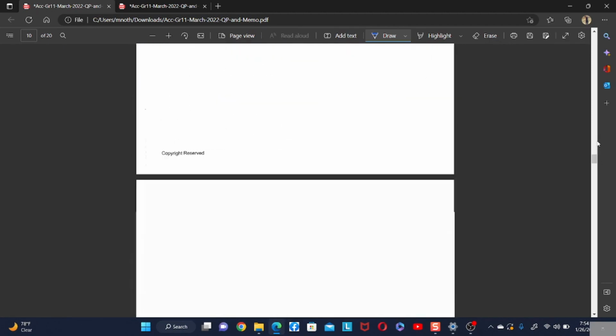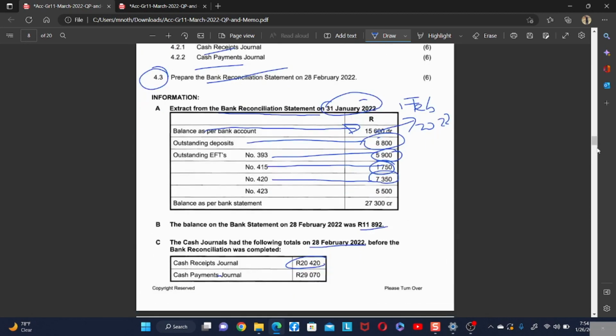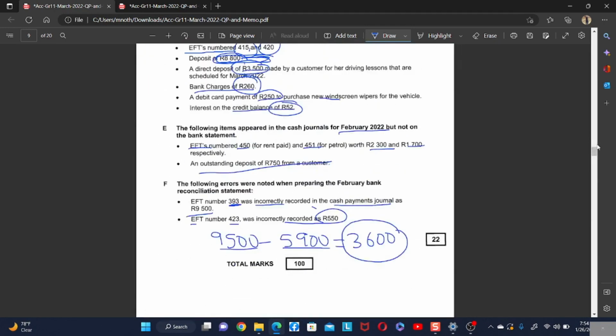Then EFT 423 was incorrectly recorded as 550. So it was 5,500. 5,500 minus 550 is 4,950.